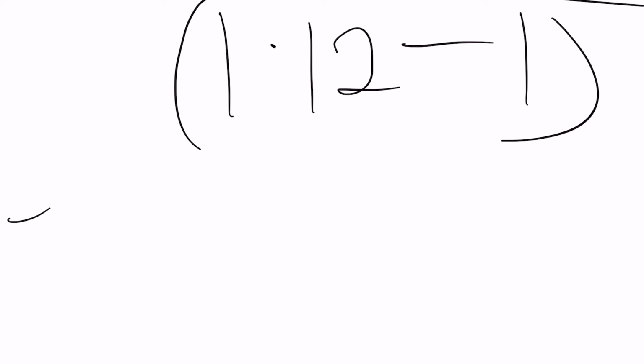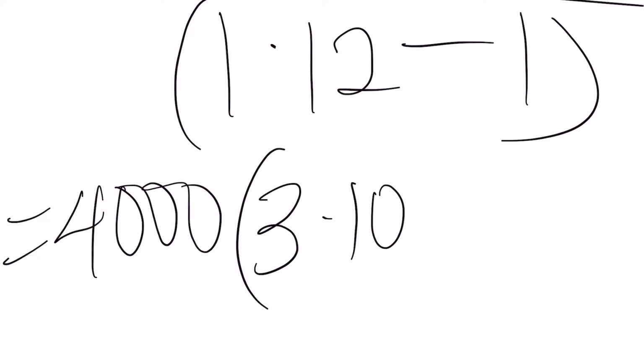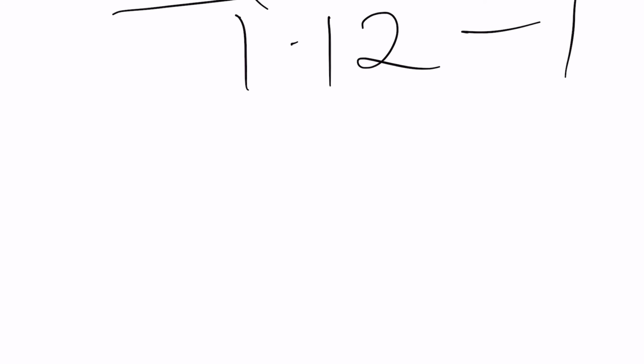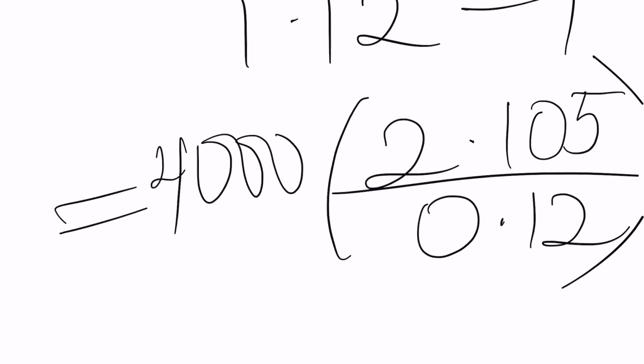And we have this to be 4,000 into bracket 3.105 minus 1 over 1.12 minus 1. So we have this to be 4,000 into bracket 2.105 over 0.12.